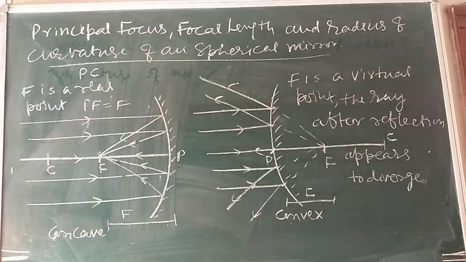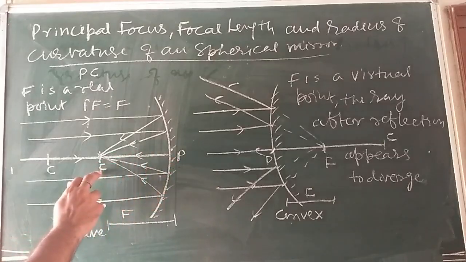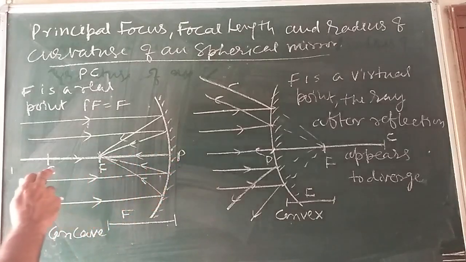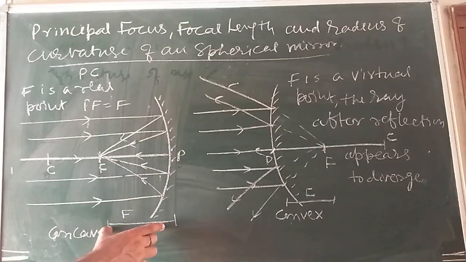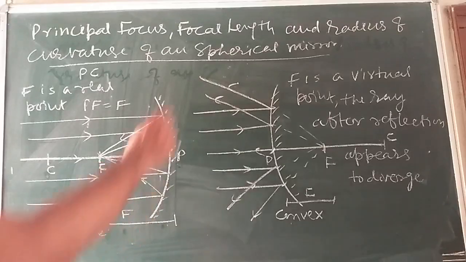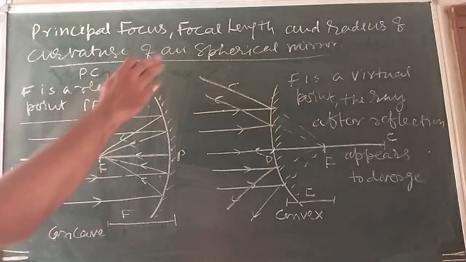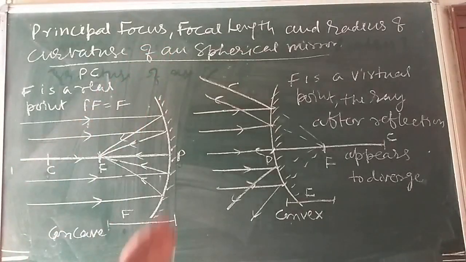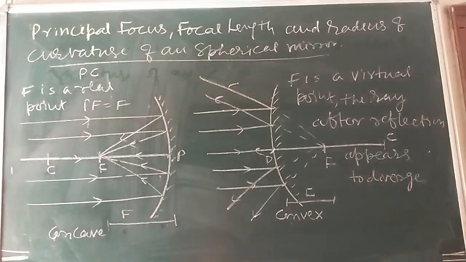Now, dear children, again I am saying this is a pole, this is a principal focus, here is a center of curvature. The distance between pole and principal focus is called focal length. Is it clear? According to our sign convention, all the distances are measured from the pole.